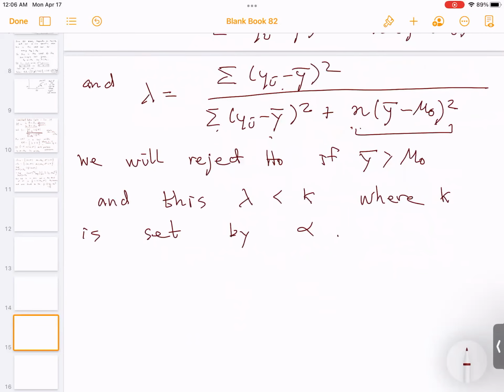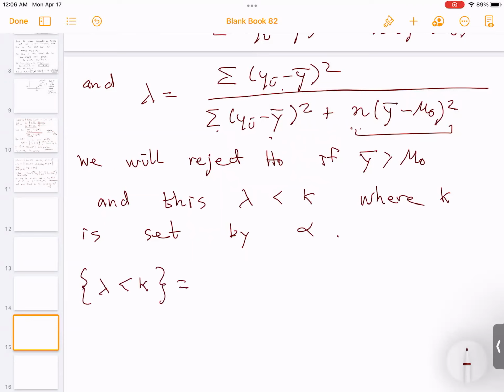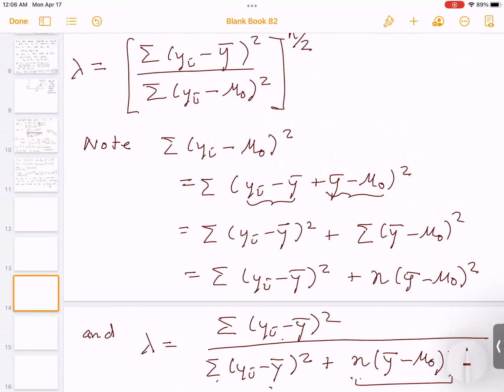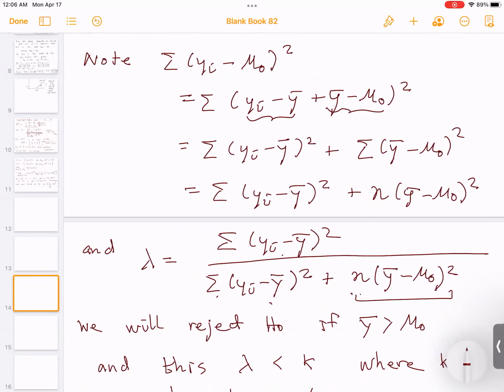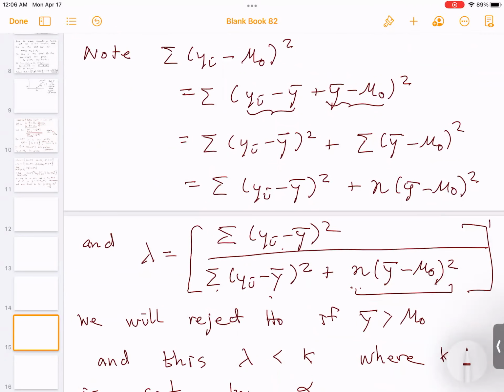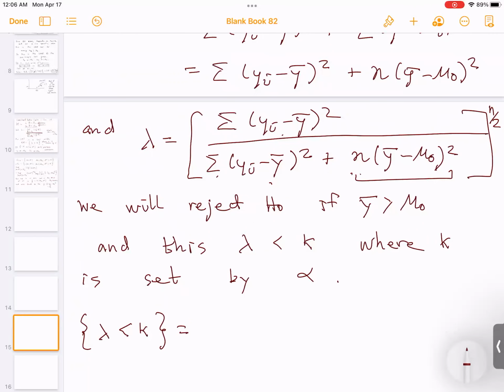Okay, so let's proceed. The rejection region lambda less than k is the same as... wait a second. This is just the inside. Lambda is equal to this raised to the n over 2 power. So this is equivalent to, let's now raise the right side to the 2 over n. You're going to get the idea.